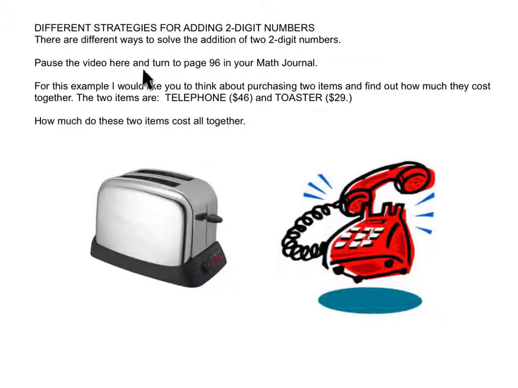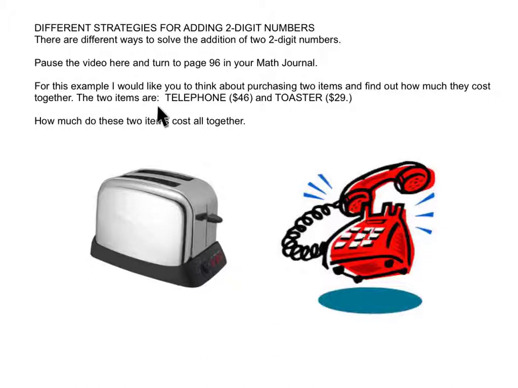Pause the video here and turn to page 96 in your math journal. Welcome back. Page 96 in your math journal. For this example, I would like you to think about purchasing two items and find out how much they cost together.